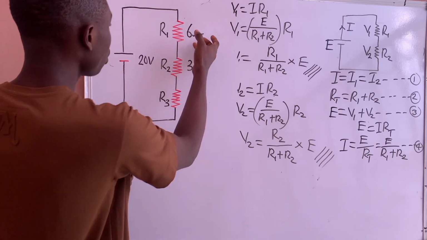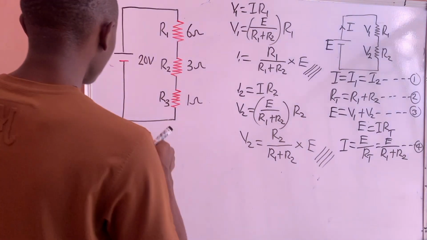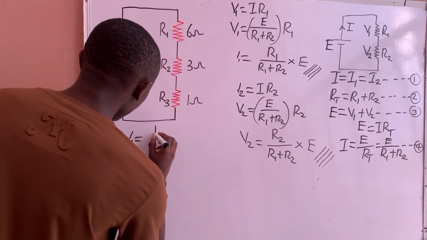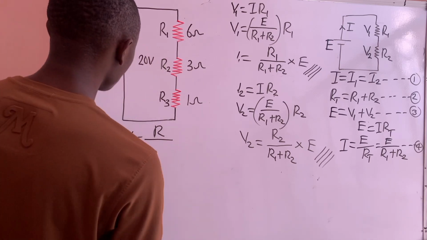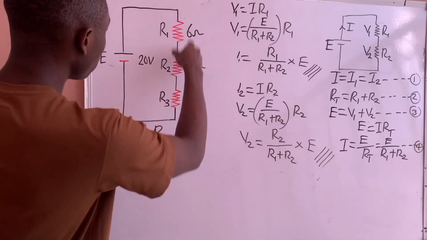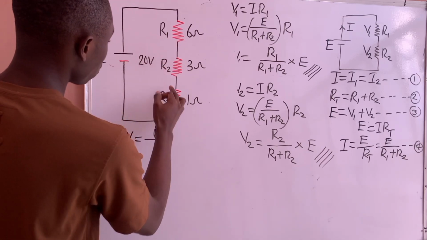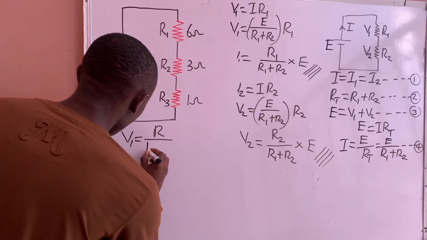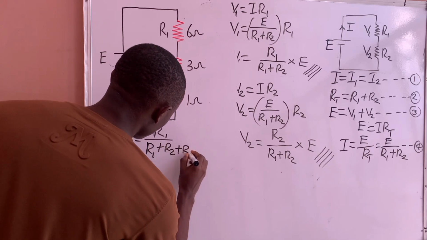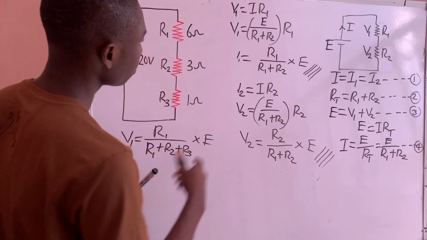So the voltage that will drop across the other one, with respect to the voltage divider rule, will be V1, which is from the formula we just derived, will be R1 over the sum of the total resistance of the circuit, which will be the sum of resistor R1, resistor R2, and resistor R3, which will be R1 plus R2 plus R3 multiplied by E. That is this formula.